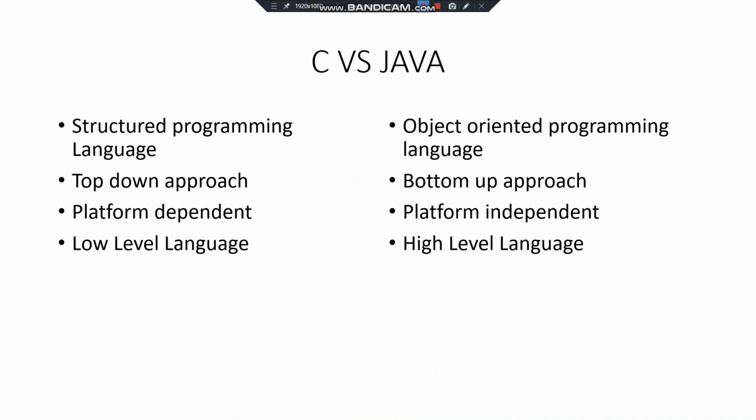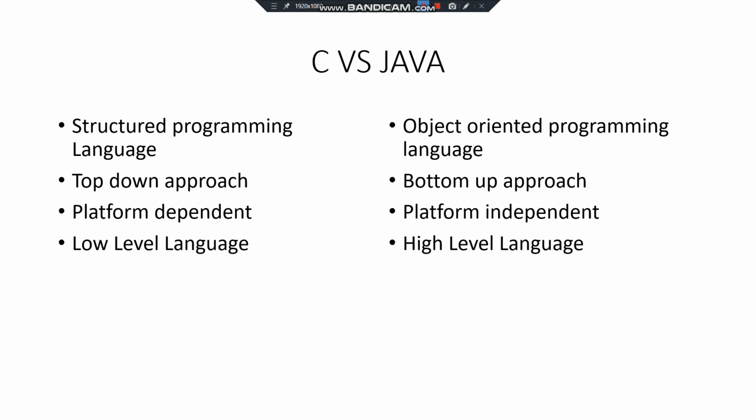Structure oriented programming language follows a top down approach, meaning that the main functions are written first and executed, and then the subfunctions are written and executed subsequently. Whereas Java is an object oriented programming language which follows a bottom up approach, meaning that the subfunctions are first created and executed, and then the main functions are executed.